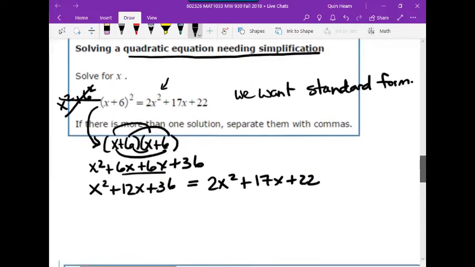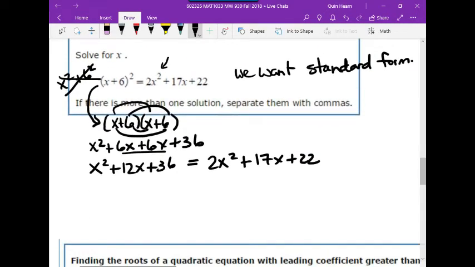And we want to get this into standard form, which means 0 on one side. Okay, so you could subtract 2x squared over to the left, but that's going to give you a negative leading coefficient. I prefer to keep the leading coefficient positive because it makes it easier to factor.